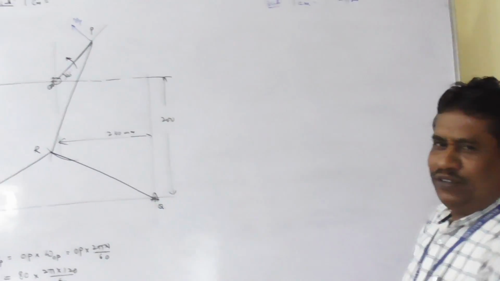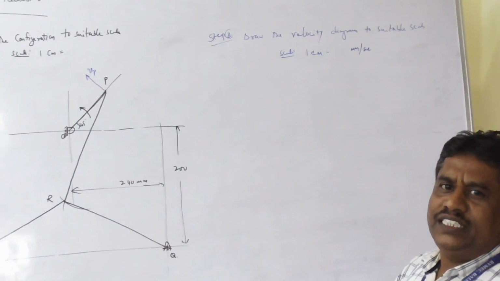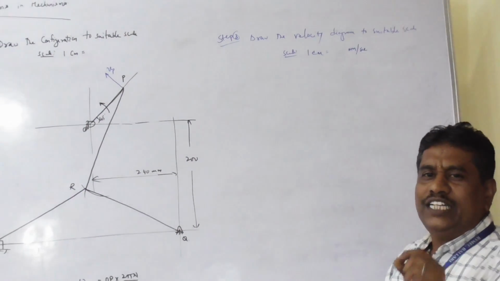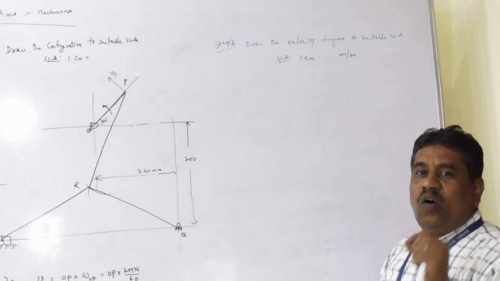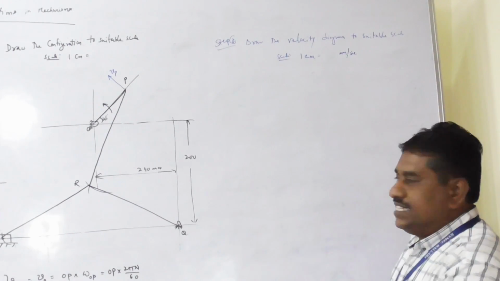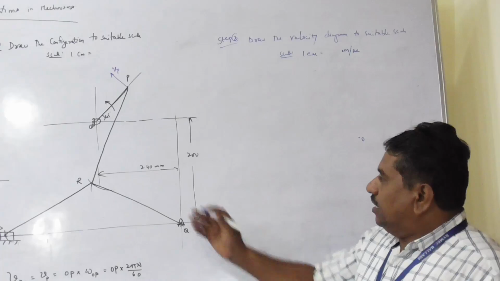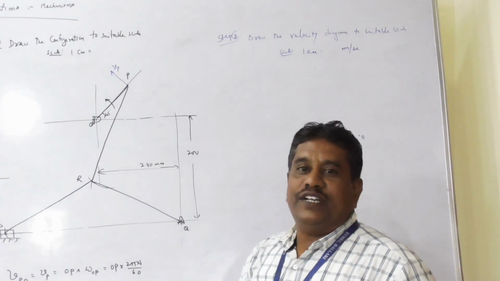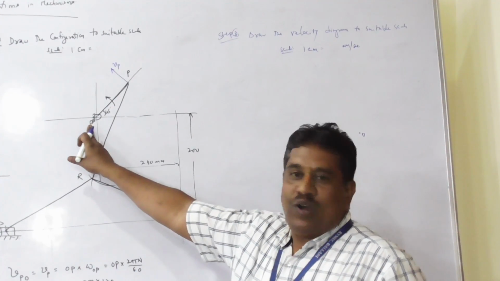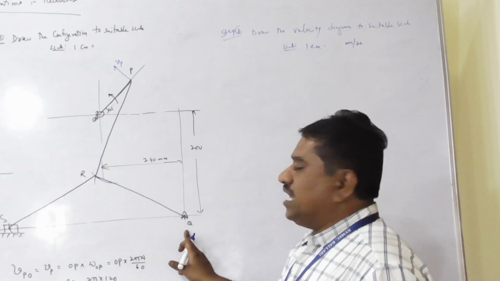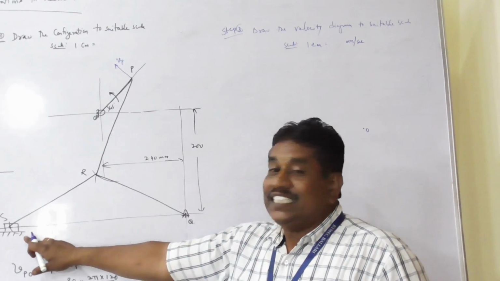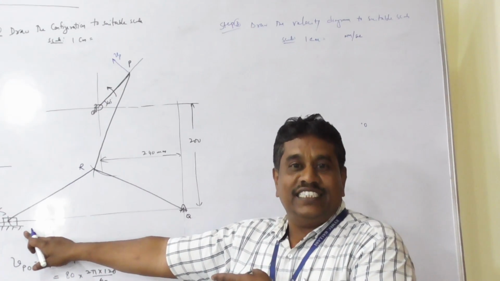As you know, the very first step in construction of the velocity diagram is to fix the pole. Pole is a point that represents all the fixed points of the mechanism. Let us analyze how many fixed points are there. O is one fixed point, Q is another fixed point, S is not a fixed point because it is a slider.